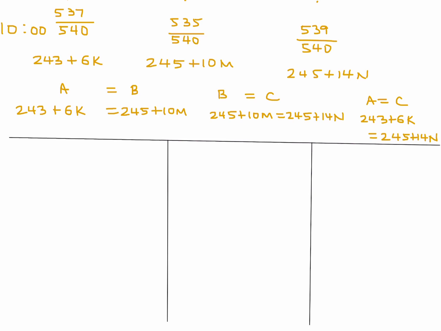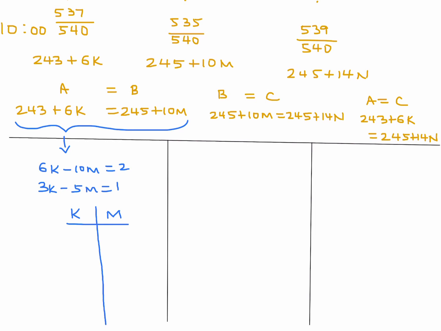All right, so here we go. The first one, this one right here, that one gives us, let's see here, 6k minus 10m is equal to 2. Divide through by 2, and I get 3k minus 5m is equal to 1. So now I'll make a little table, k and m, and try to get integer solutions.